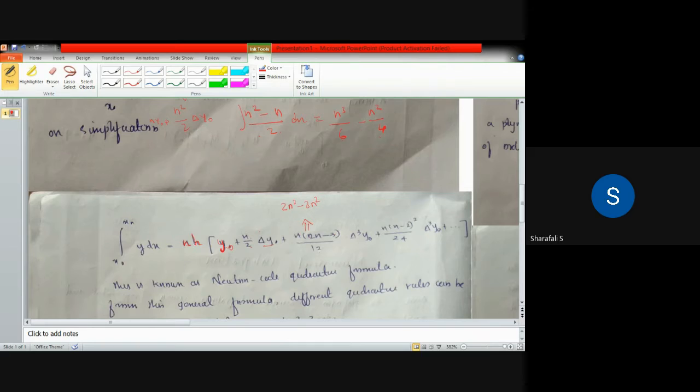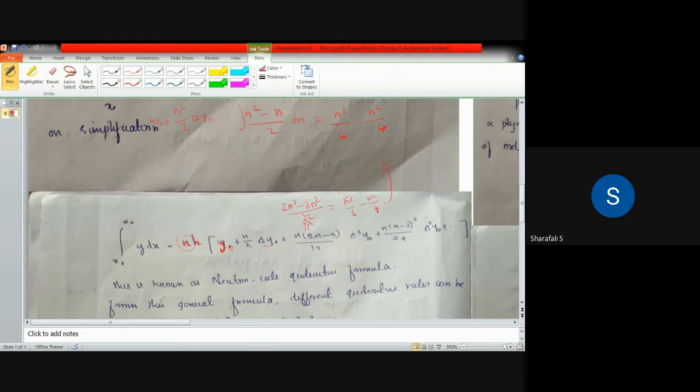This n also you have to consider. So 3 times n square, then divided by 12. So this 12 and this 2 get cancelled, so we'll get n cube by 6 minus, this 3 and this 2 will get cancelled, so this will be n square by 4. So we'll get the same result as we discussed here.